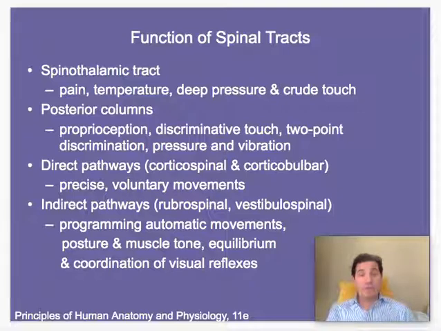So your direct pathways are your corticospinal and corticobulbar, which actually involve movements. These are motor, precision movements like writing, and voluntary movements. Indirect pathways, on the other hand, are the reticulospinal and vestibulospinal, which are automated type things.